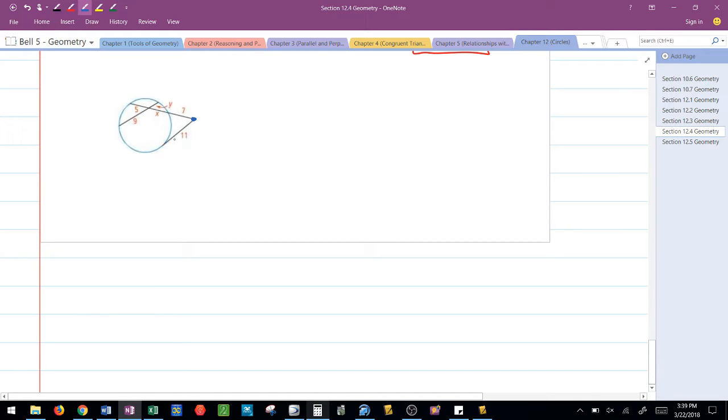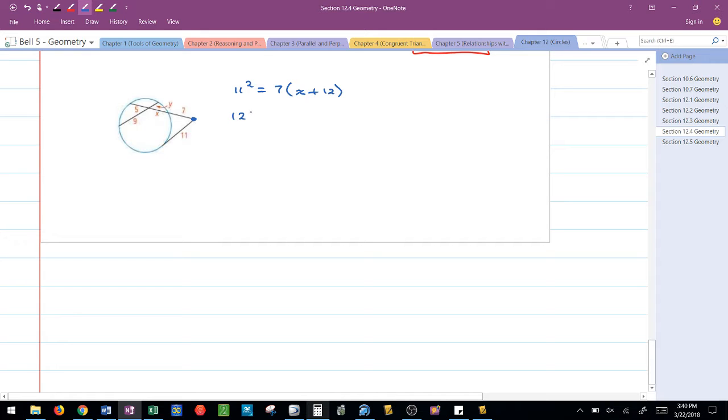And here's what I know. The tangent, which would be 11 times 11, or 11 squared, is equal to 7 times 7 plus x plus 5. So 7 times 7 plus x plus 5: 7, x, and 5 added together give me x plus 12.